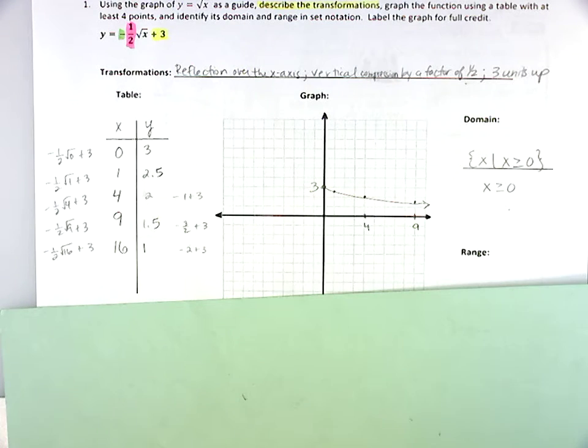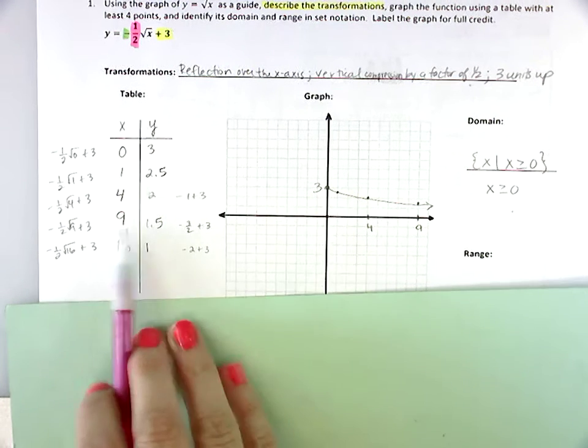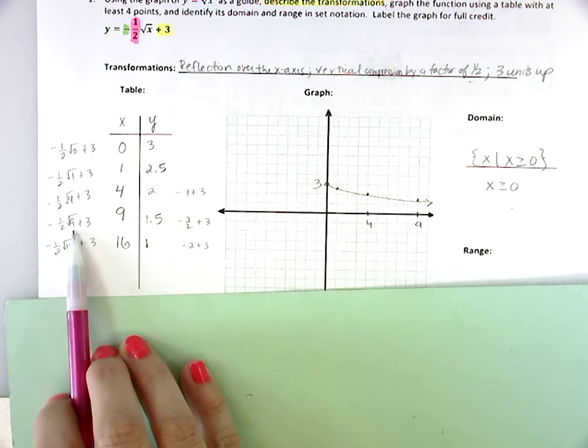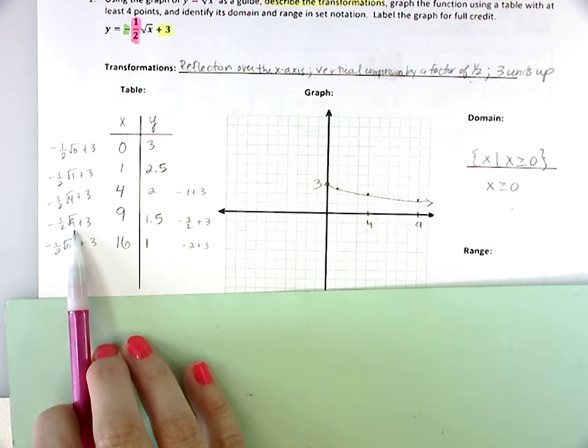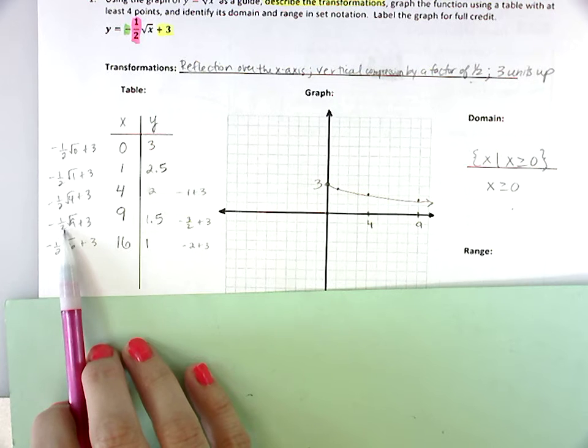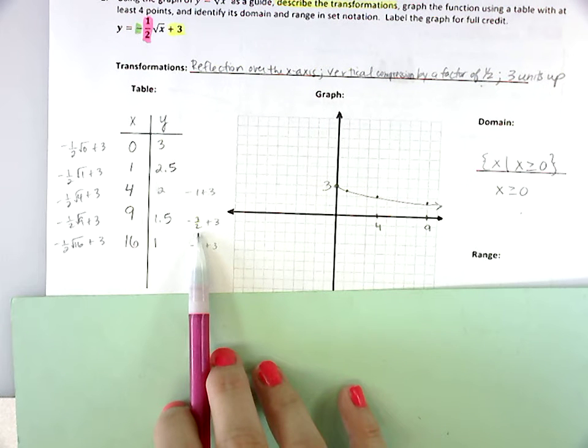Oh, okay, so then let's look and see how you're doing that. So when you plug in like 9, right, it's negative 1/2 times 9. So the square root of 9 is what? 3. So 3 times negative 1/2 is negative 3/2, right? Wait, I did. I'm pretty sure I did.